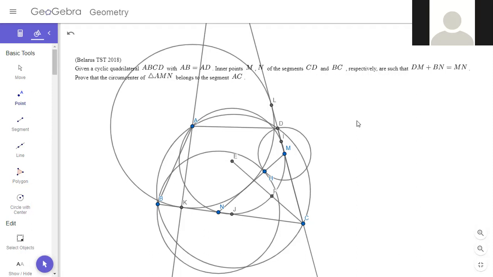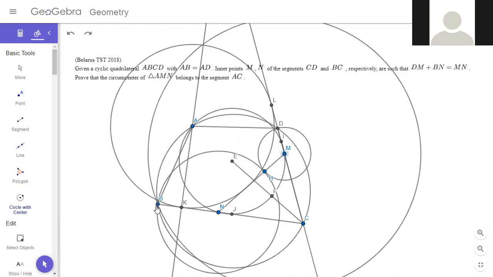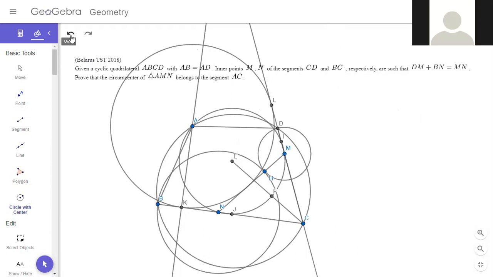Is MB, or I'm sorry, did you say ML? Yeah. I don't think ME is equal to ML. MB is equal to ML. No.